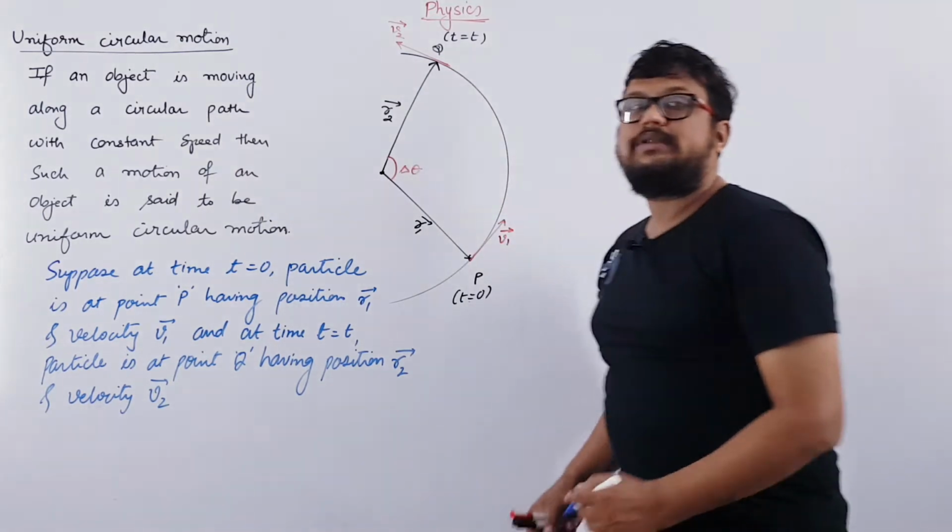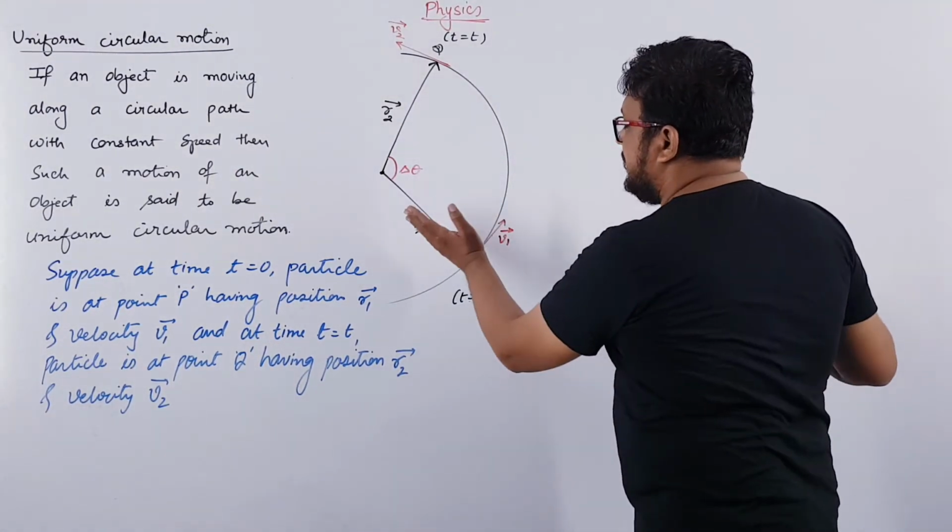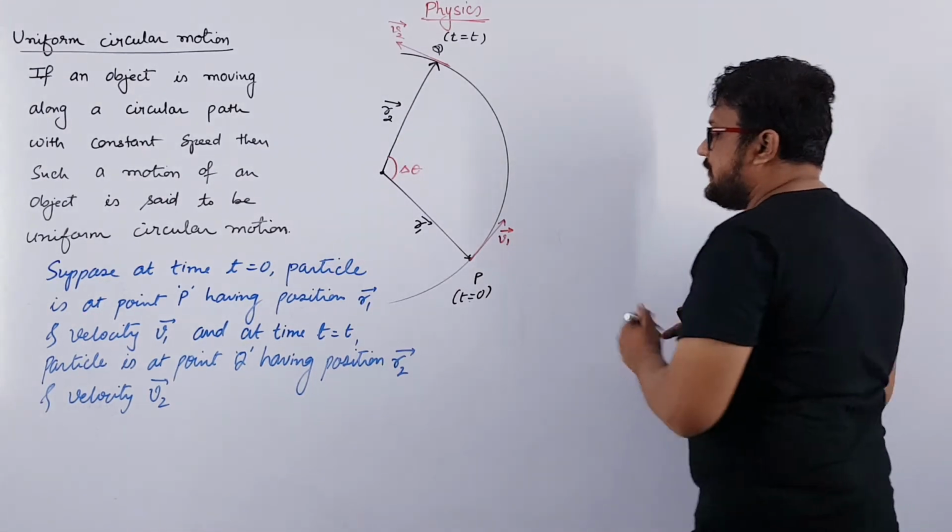Now the most important thing is this radius and velocity will always be perpendicular to each other, right?